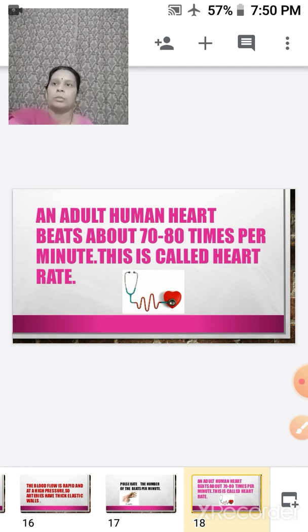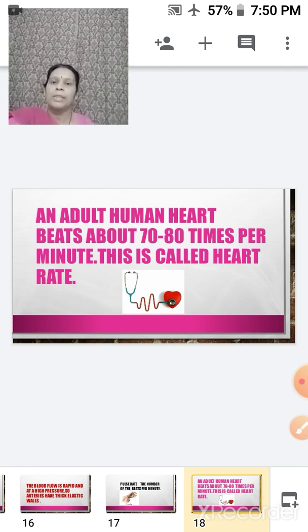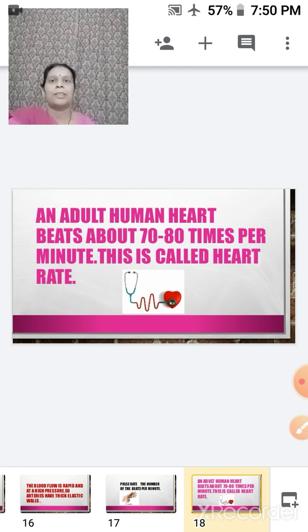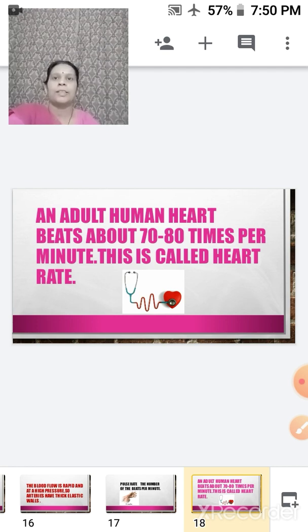Now, how will you come to know what the pulse rate is? When you keep your hand on your wrist, you might have the sensation of throbbing. This is your pulse.